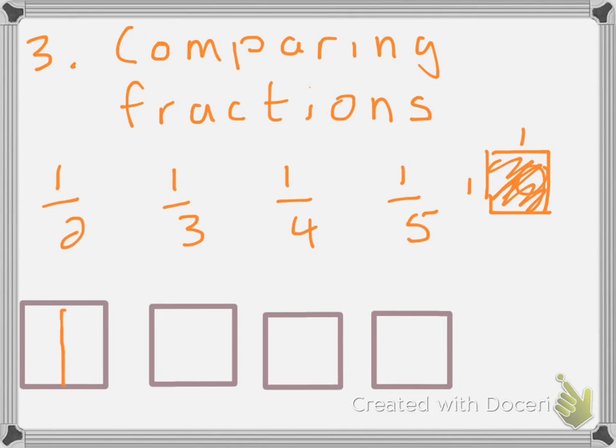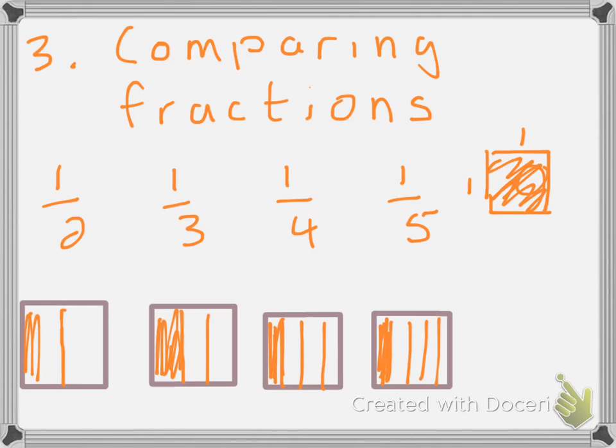So here's 1/2, here's a third, here's a fourth, and here's a fifth. Here's a fifth, here's a fourth, here's a third, and here's a half.